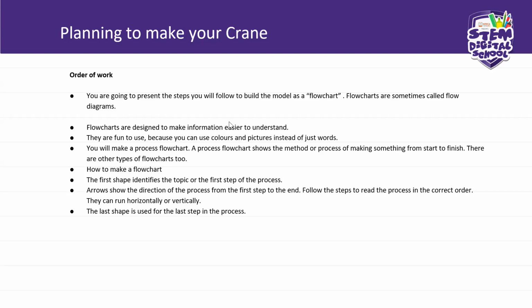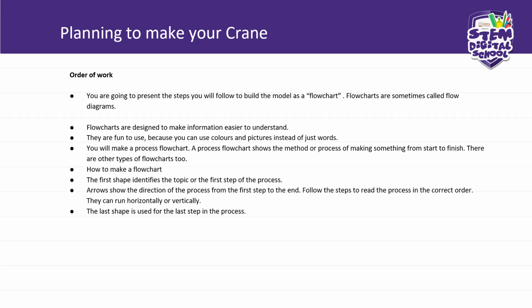Right. Now, in your order of work, you must have a flow chart. I have shown you a flow chart in one of our previous lessons. Flow charts are sometimes called flow diagrams. That is the plan for your work. You have to plan your work. Flow charts are designed to make information easier to understand.